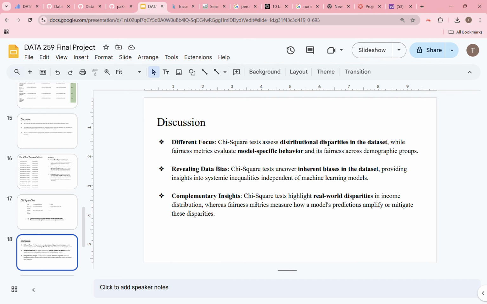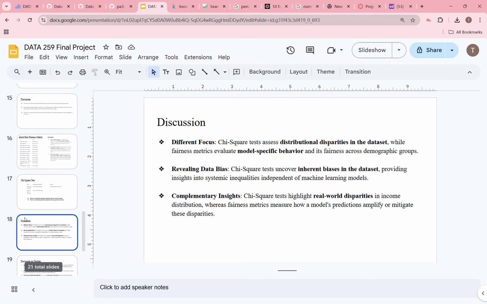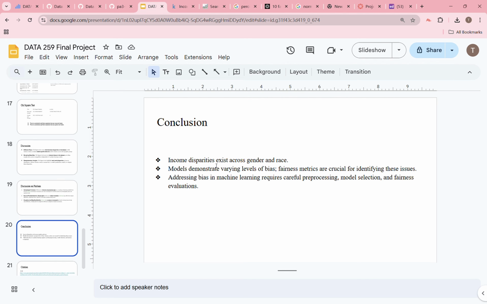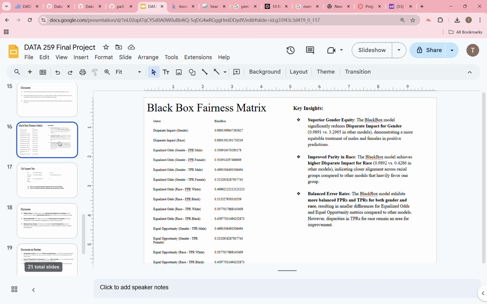In the quite opposite sense, I can say that income disparities actually exist across gender and race, because a black box model does not have any assumption that everyone's equal, and that generates way less superior gender equity as well as improved parity in race, as you can see. So that basically tells the problem.